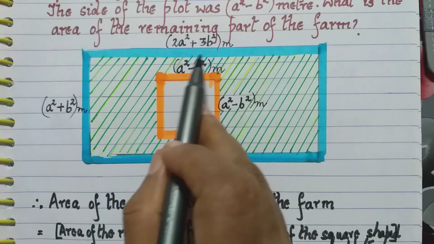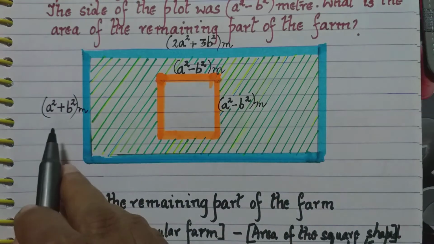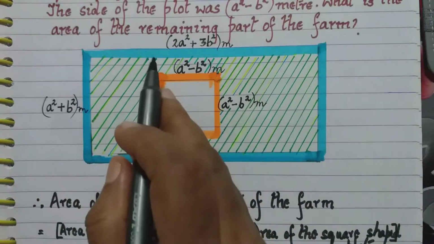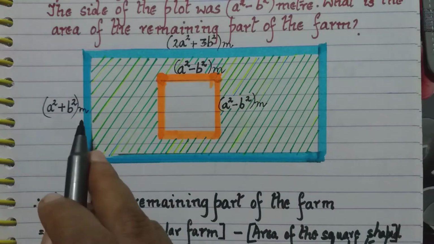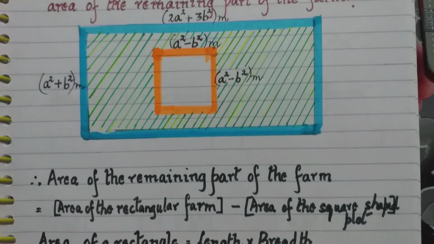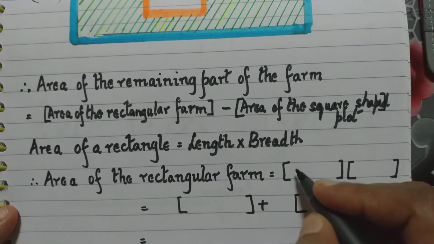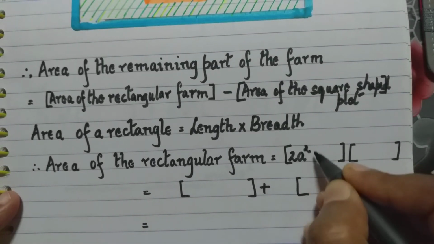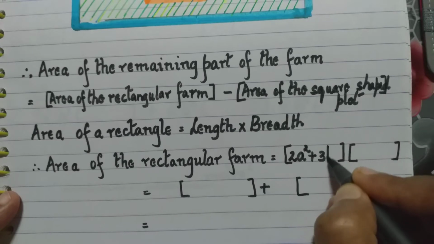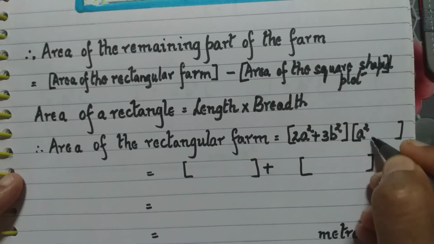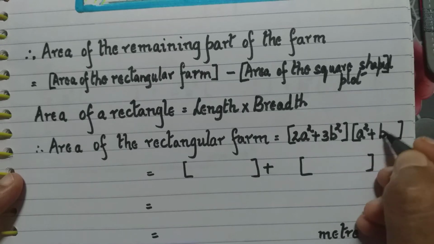Length is 2a square plus 3b square. Breadth is a square plus b square. So, 2a square plus 3b square into a square plus b square.